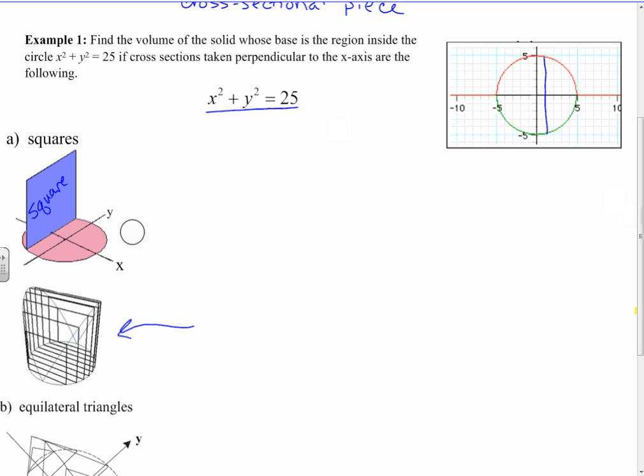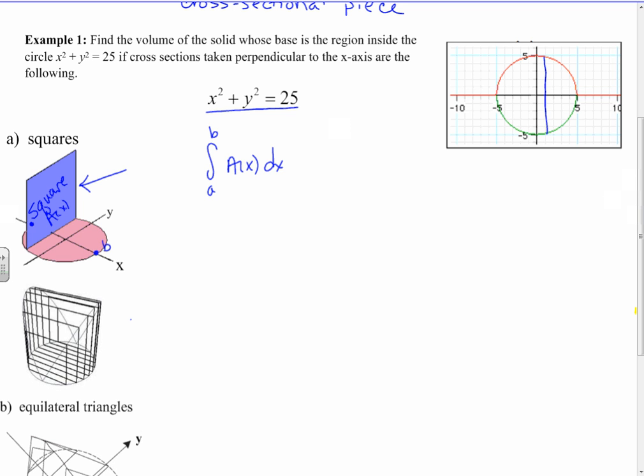So what do I need to do? Well, according to the formula, what I need is an integral going from a to b of the area of this square. So what I need to come up with is the area in terms of x, and then I'll multiply it by the differential dx.